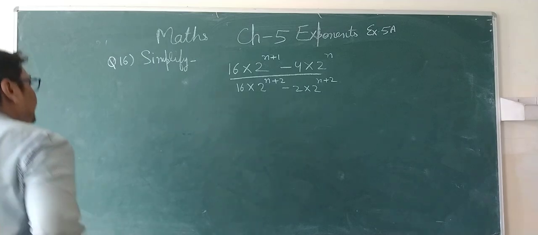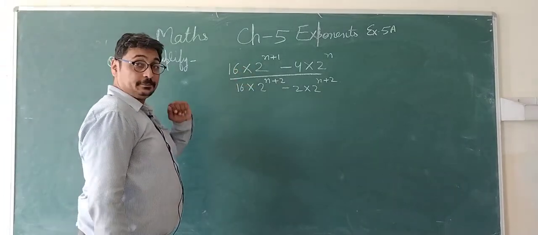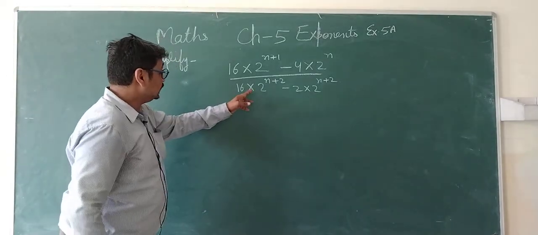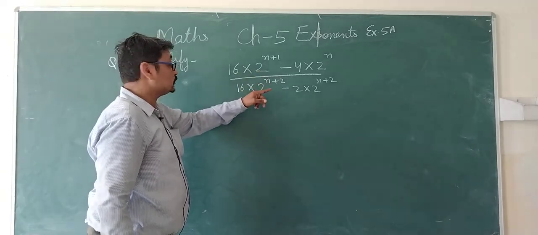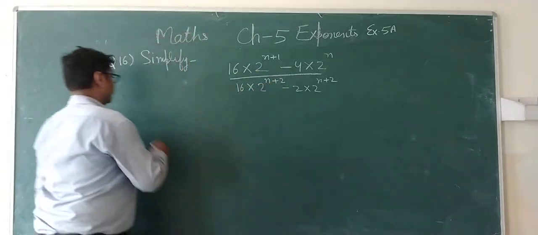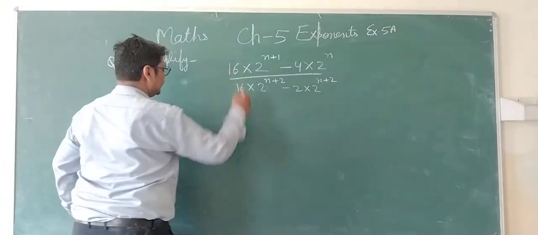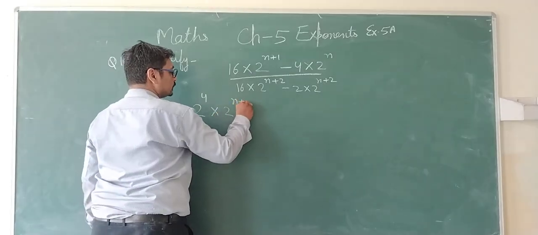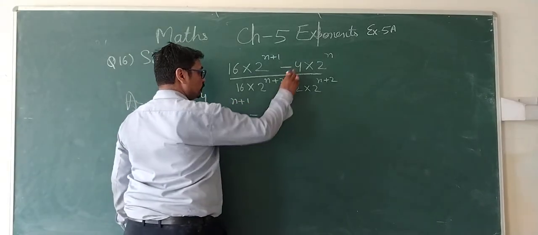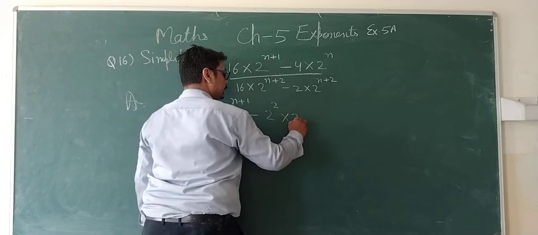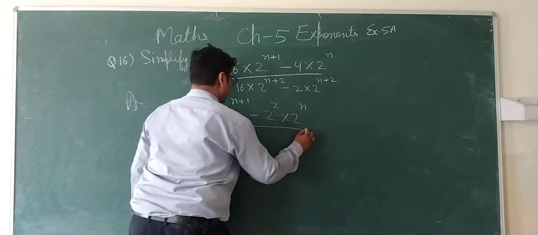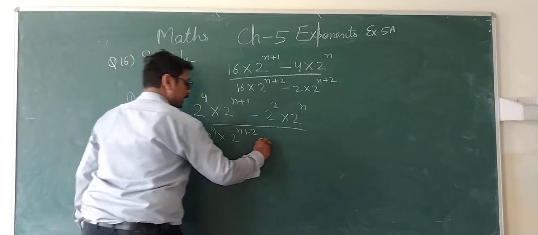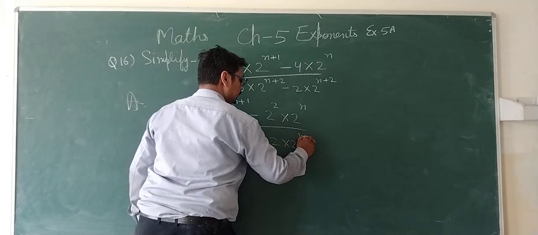Question 16. Simplify (16 × 2^(n+1) − 4 × 2^n) divided by (16 × 2^(n+2) − 2 × 2^(n+2)). This 16 can be written as 2^4, multiplied by 2^(n+1), minus, instead of 4, we can write 2^2 multiplied by 2^n, divided by 2^4 multiplied by 2^(n+2) minus 2 multiplied by 2^(n+2).